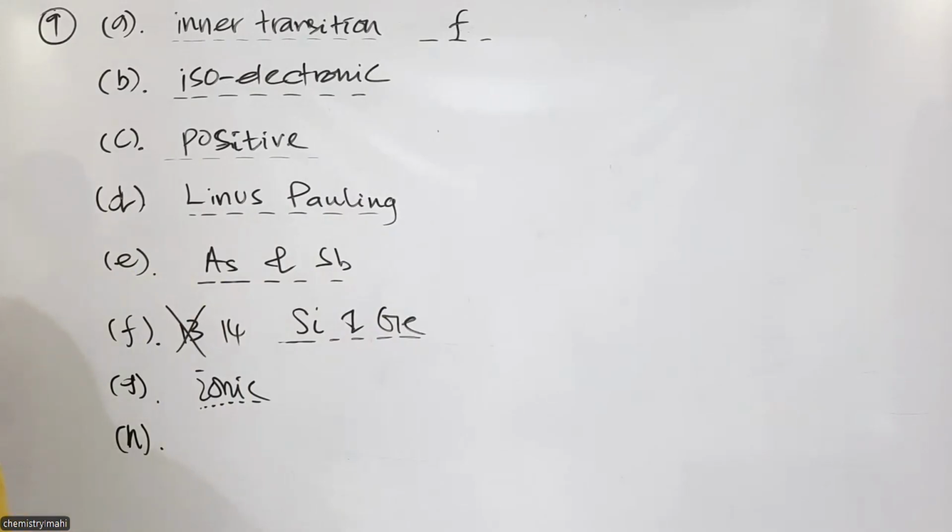Therefore, someone says it can't be a gas. But it belongs to the noble gas family, so someone says it is a gas. Therefore, there is a problem. Confusion is there.